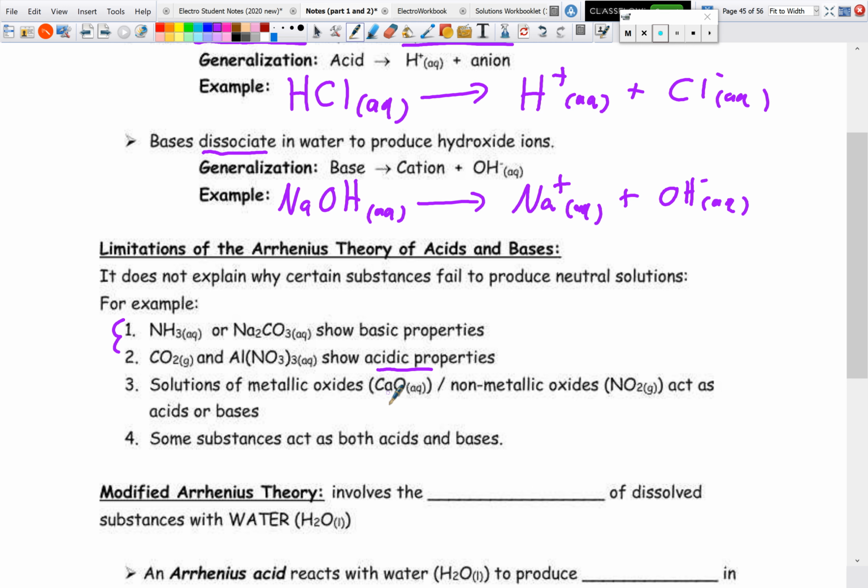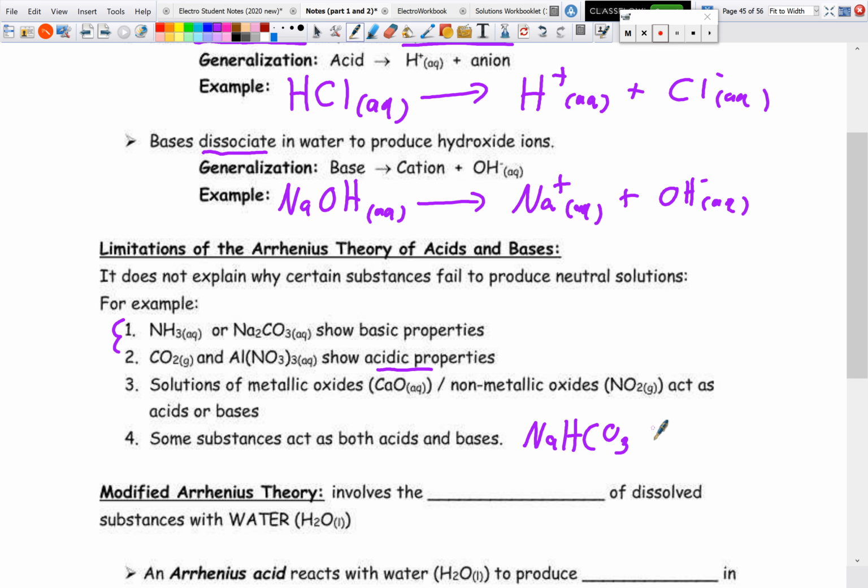Also, there are things like metallic oxides, like calcium oxide, or even non-metallic oxides, like nitrogen oxide, that can act sometimes as acids or bases, once again, depending on what's there. And even substances can act as both acids or bases. For example, NaHCO3, sodium hydrogen carbonate, which is basically baking soda, can act as an acid, and it can also act as a base, depending on what it's paired up with.